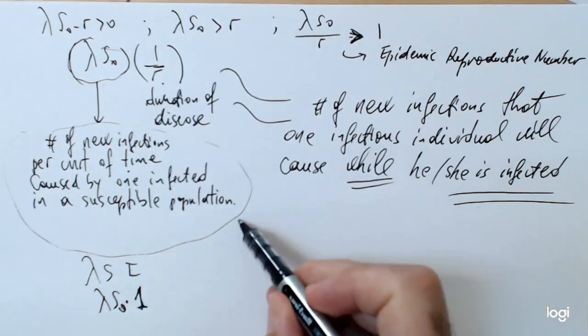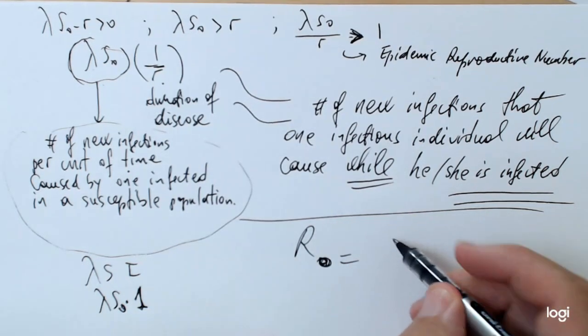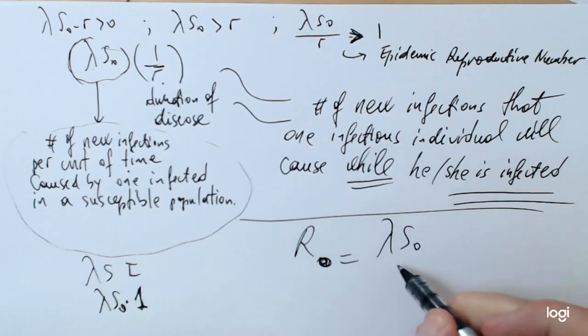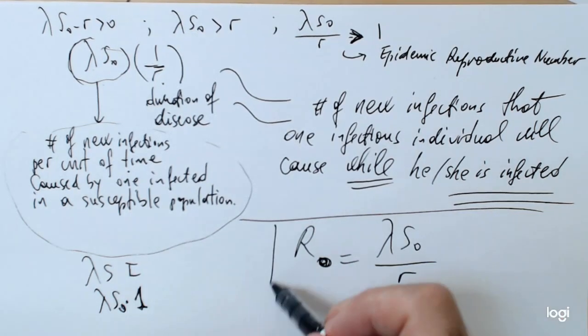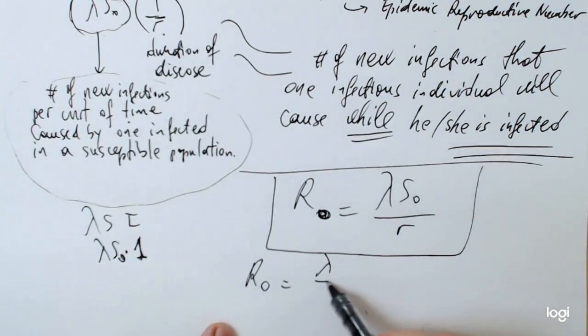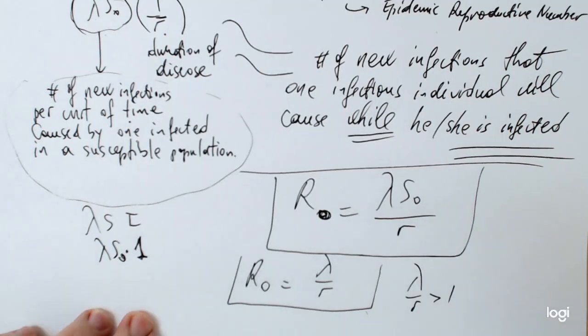So in the SIR model, like I said, this epidemic reproductive number, typically denoted by R naught, is given by lambda S naught over R. Sometimes you will see people mentioning just lambda over R. This is kind of like a more extreme view, in the sense that if lambda over R is greater than 1, you're going to have an epidemic no matter what.